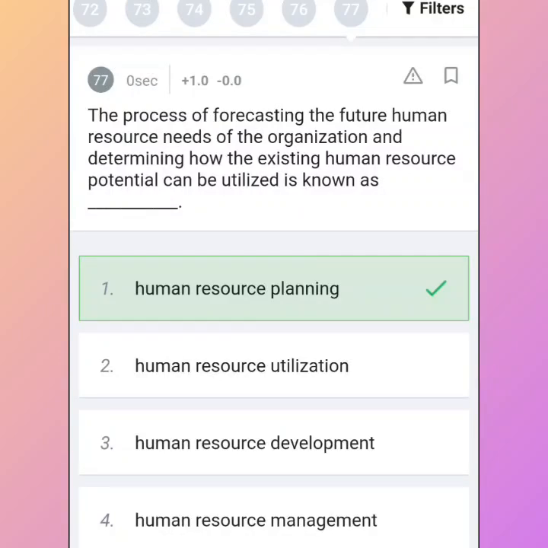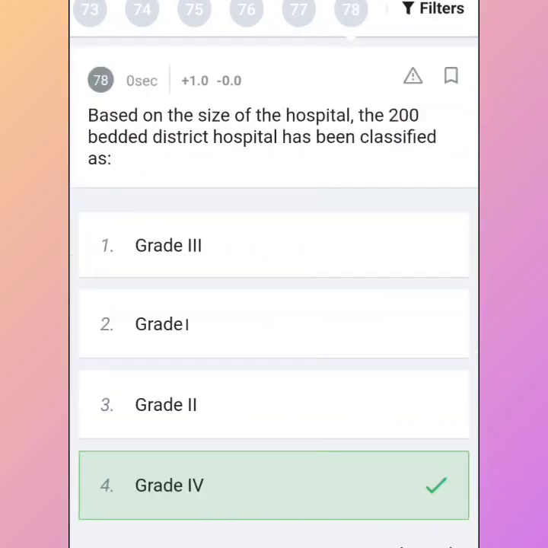The process of forecasting the future human resource need of the organization and determining how the existing human resources potential can be utilized is known as option first, human resources planning. Based on the size of the hospital, the 200-bedded district hospital has been classified as grade 4.